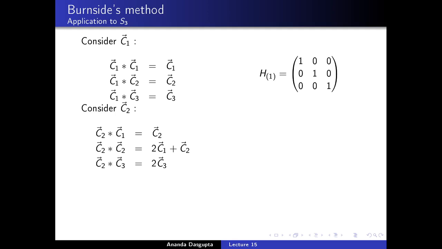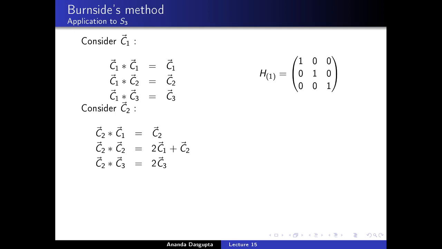Of course, C2 into C3 is 2C3, which tells us that small h231 and small h232 are both 0, there being no C1 or C2 on the right hand side here, and small h233 is 2. Again, these are components of the matrix capital H2.